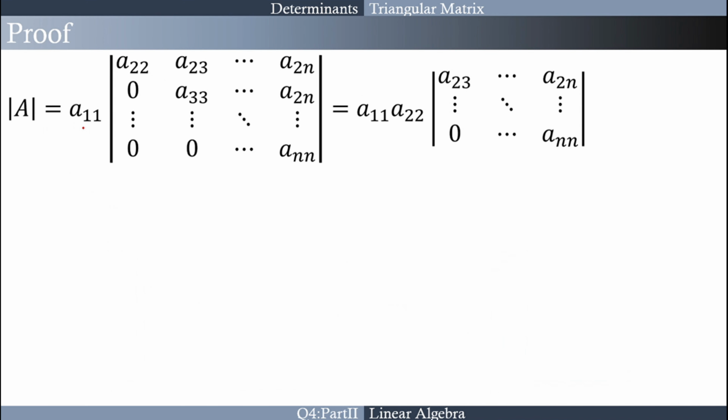From here, to get the determinant of our matrix, we'll multiply a11 and a22 and multiply them by the determinant of the submatrix with a33 through a sub nn, where the first row goes to a sub 3n, and everything under our main diagonal is zeros.